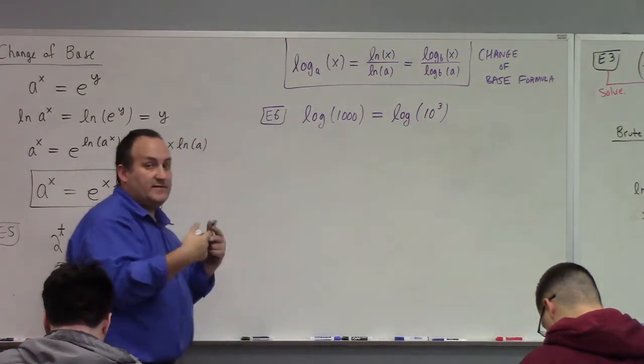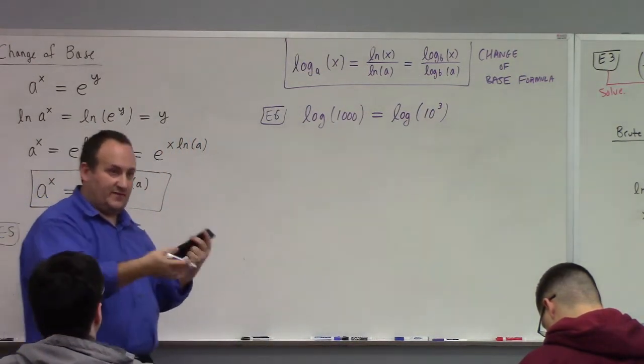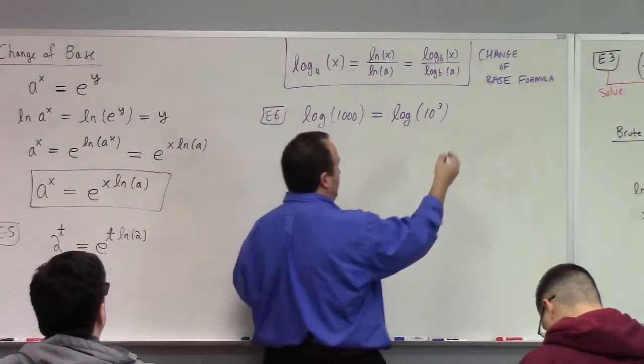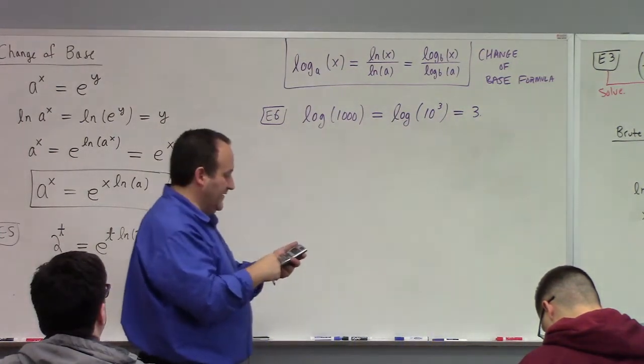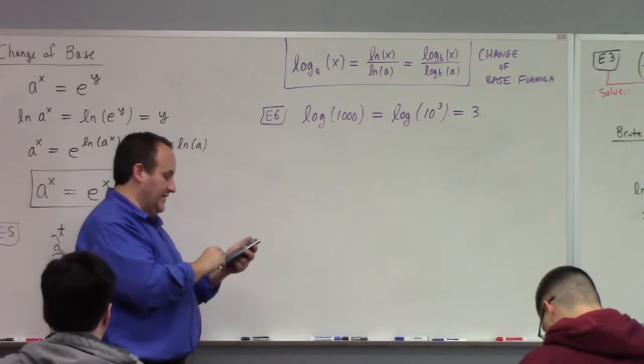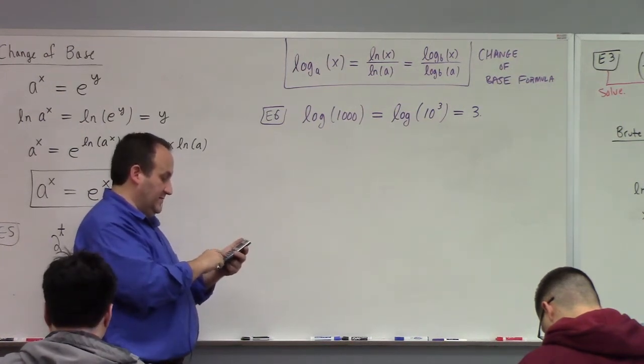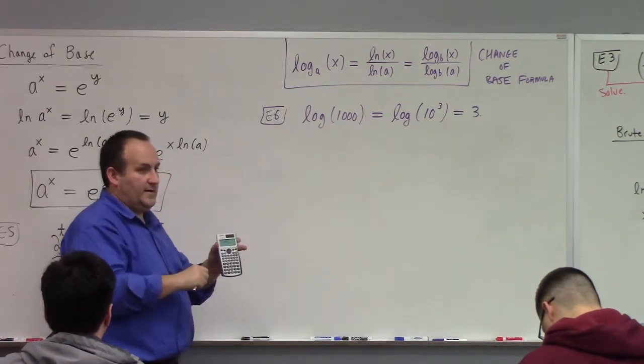Common log is log base 10. So by the definition of logarithm, that's 3. If I plug in 1,000 on the log button, I get 3.